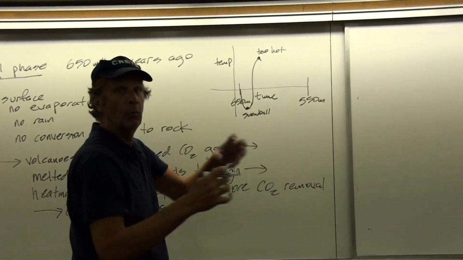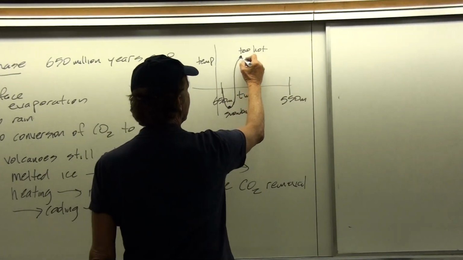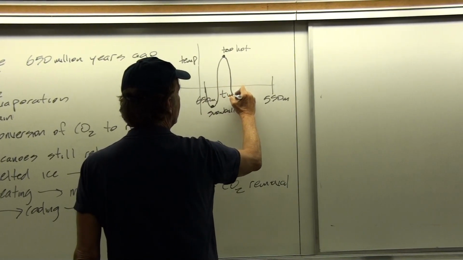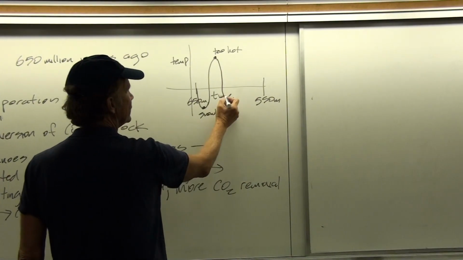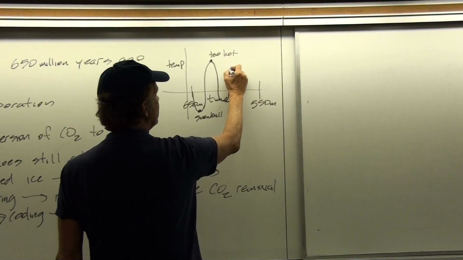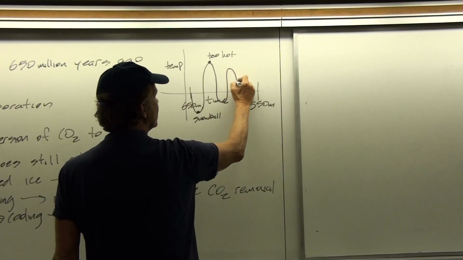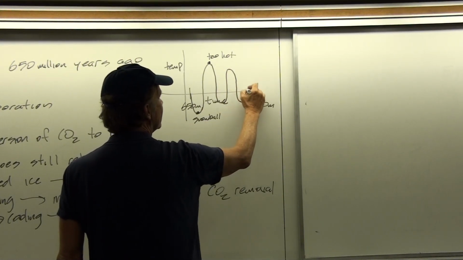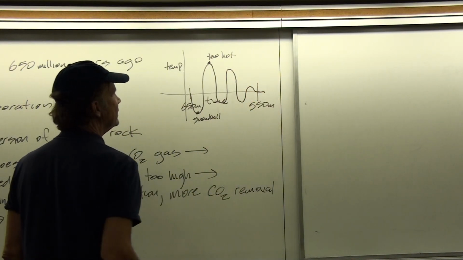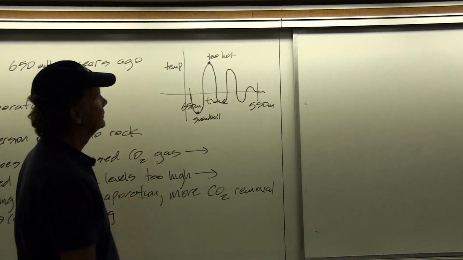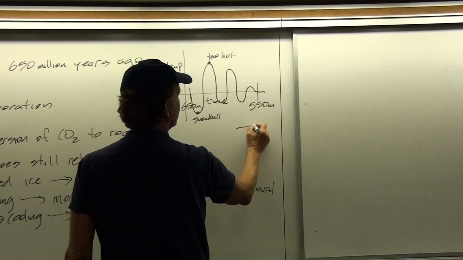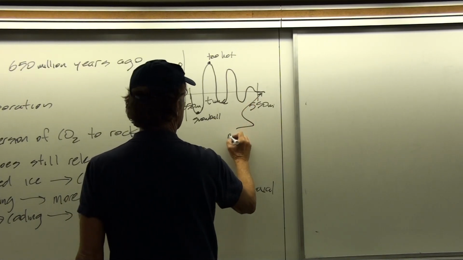That would pull way too much carbon dioxide out of the atmosphere. And then it would get cold again. But not as cold as before. Then it would go up. It would overshoot, but it wouldn't get as hot as before. And eventually, these cycles died out, and we went back to normal temperature.